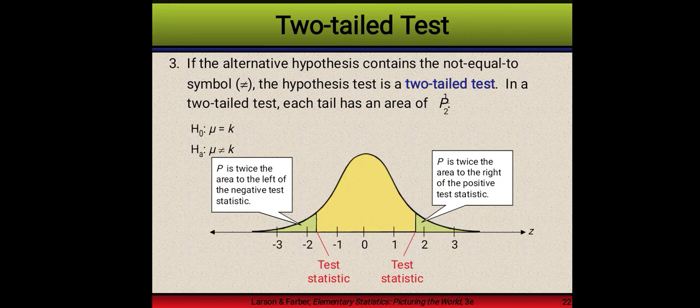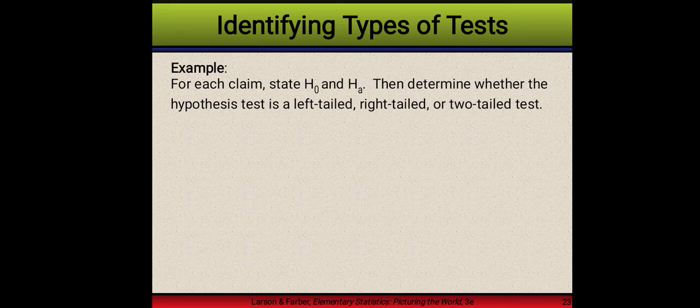Identifying types of tests. For each claim, state the null hypothesis and alternative hypothesis. Then determine whether the hypothesis test is a left-tailed, right-tailed, or two-tailed test.